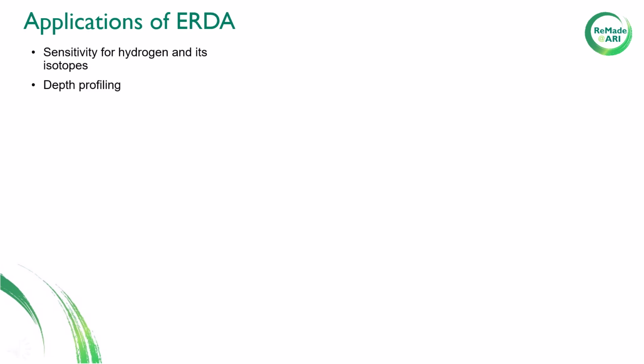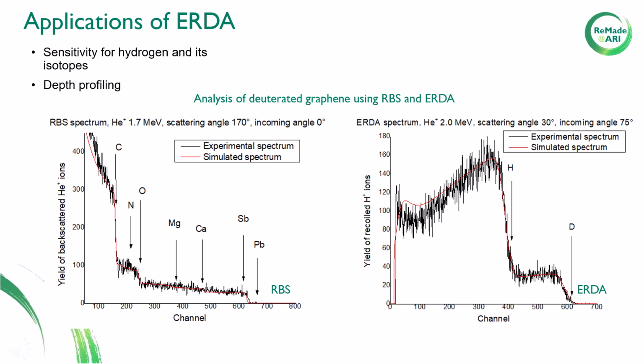The ERDA is a complementary method to RBS that allows for the depth profiling of light elements, such as hydrogen and deuterium. This method is particularly useful in various scientific and industrial applications, including material analysis, depth profiling, thin film analysis, or material development.